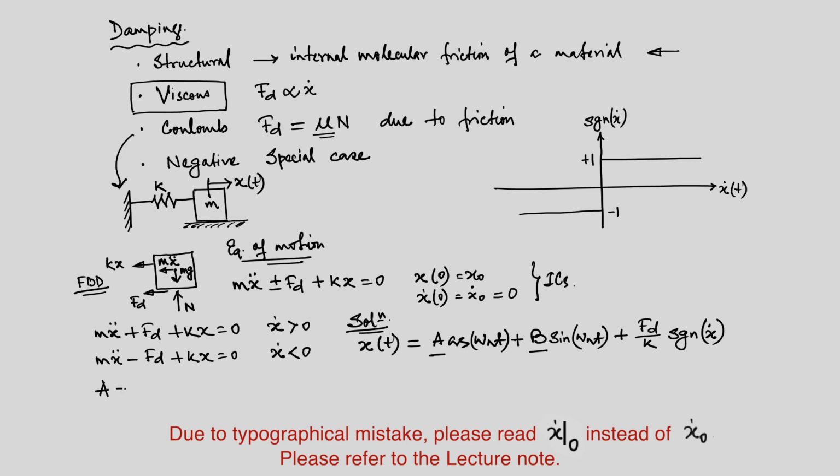If we solve that, you will get a is equal to x naught minus F d by k. So, that is your a, and b you will get 0. So, this I leave as a home task, you try it at your end. If you have any difficulty, then we can discuss in our open session.